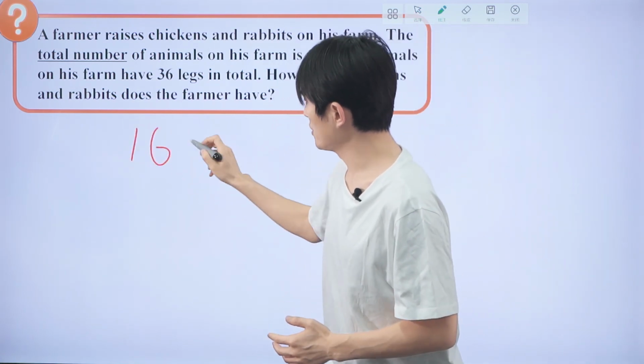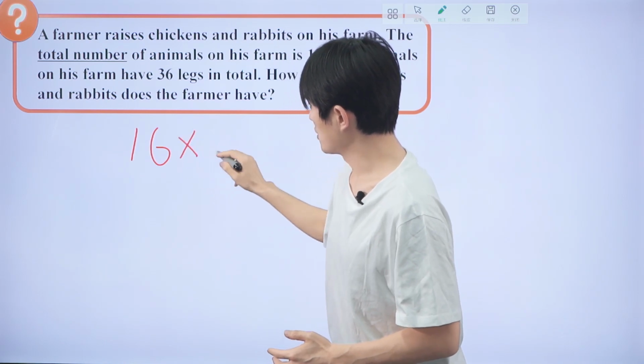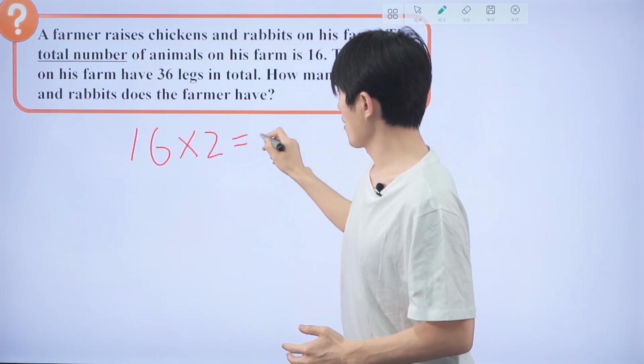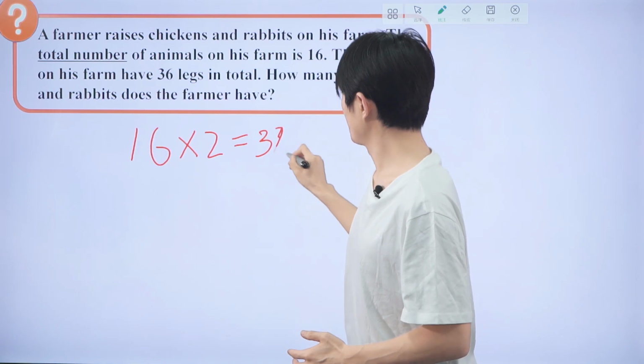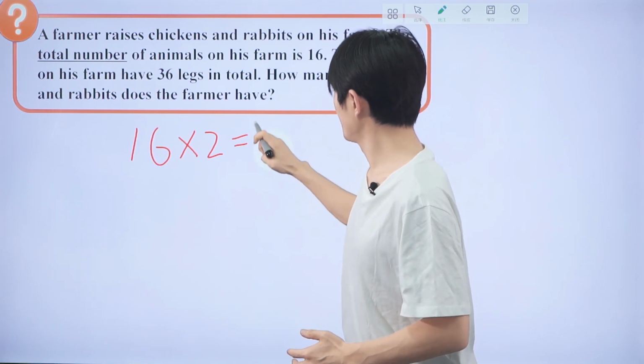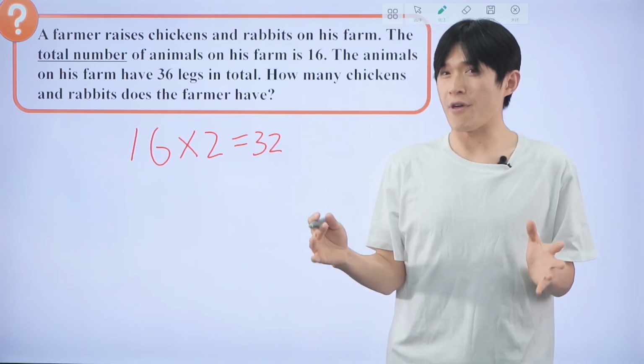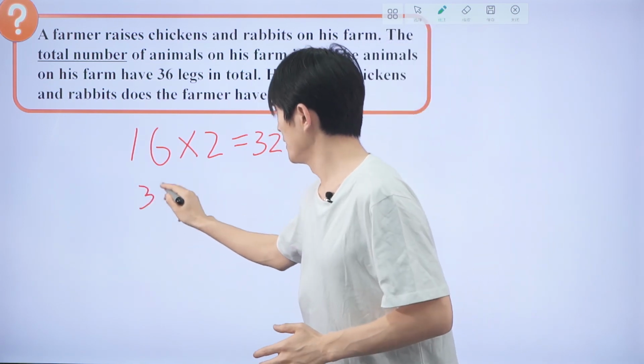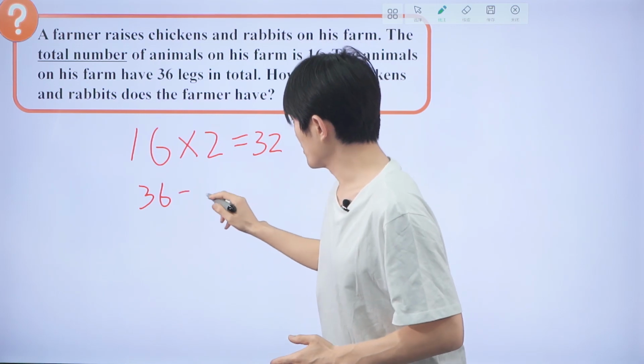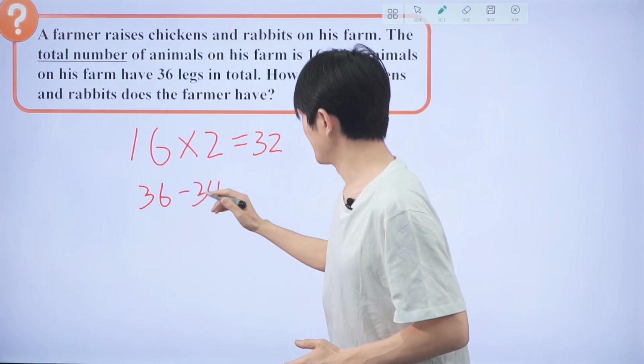This is our assumption. And times 2 is 32. And we notice that in total there are actually 36 legs. So 4 legs are missing.